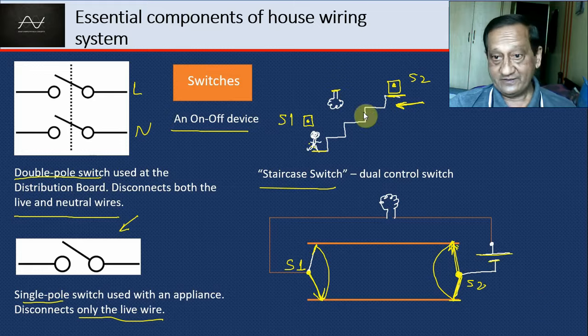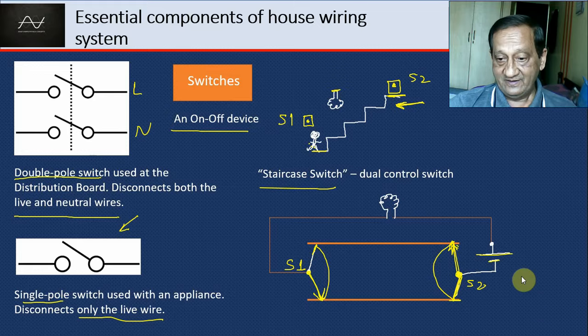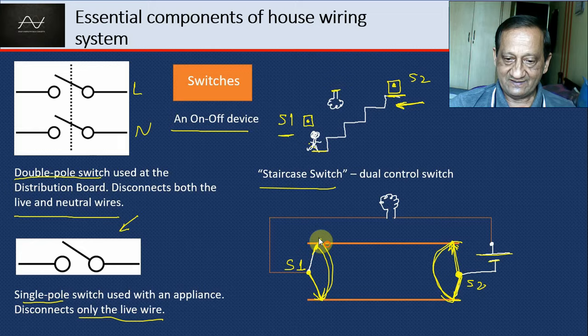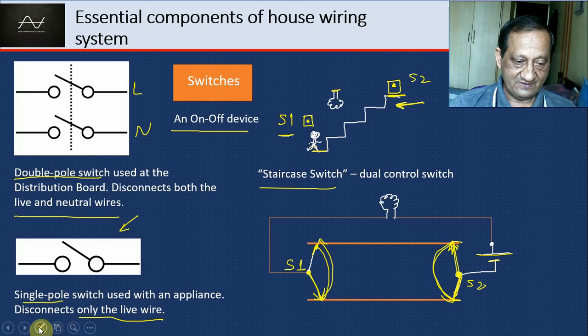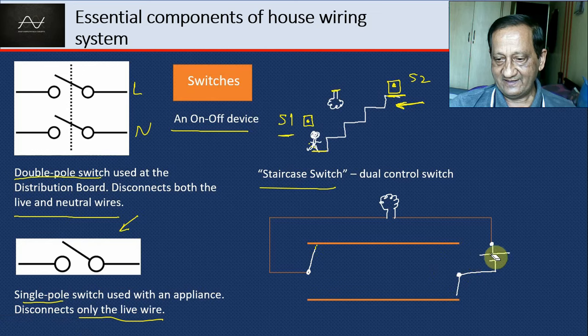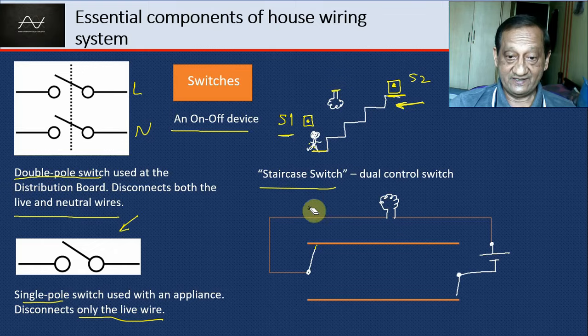While returning, he toggles S2 back, then the circuit is re-established. And when coming down here, he toggles S1 back, the circuit is broken. So that is the staircase switch. Let me just erase this so that you can make a mental note of how this kind of wiring is done for staircase switches.